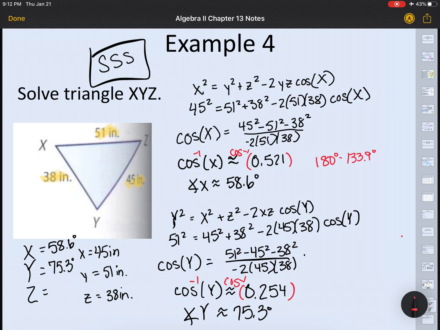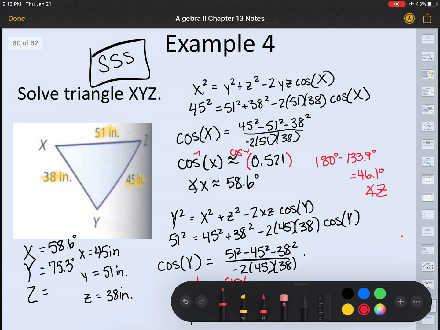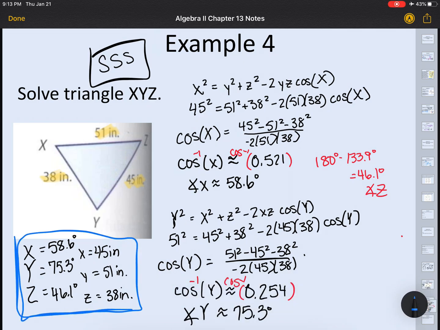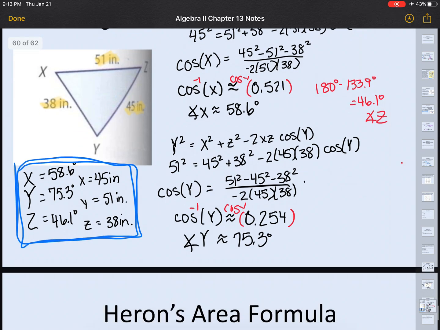And when we subtract those, we get 46.1 degrees. That is equal to angle z. Okay, so 46.1 degrees, and that has all 3 angles and all 3 sides for our triangle here. So we solved the whole entire triangle.